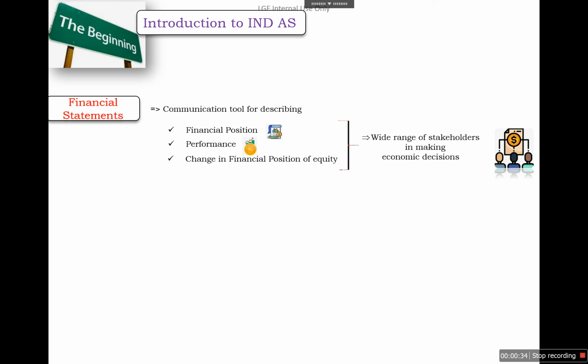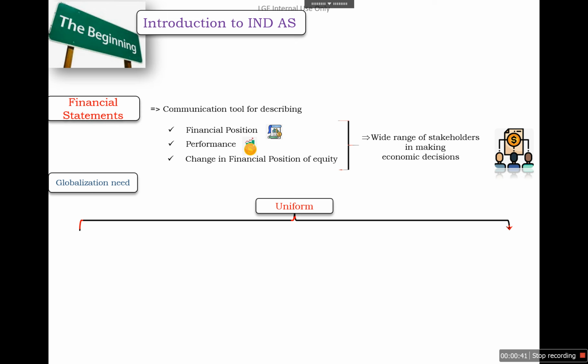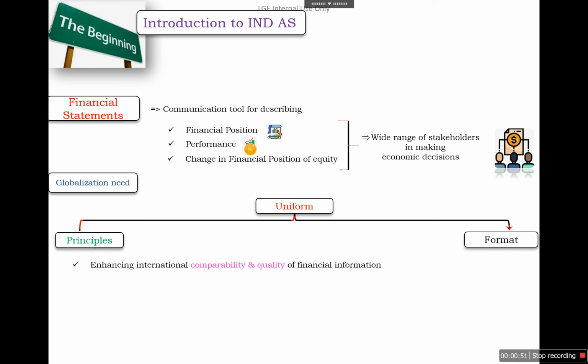Due to increased complexity in business and globalization, a need was felt for following uniform principles and formats for the preparation and presentation of information to stakeholders, because it will enhance the international comparability and quality of the financial information.